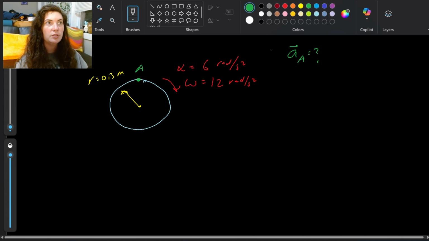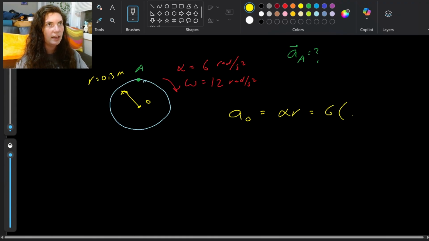What we can do is find what this overall acceleration of the disk is first, and then we can use those relative motion equations that we had been working with in the last video to find what it is specifically at point A. Right here in the center, if I call that point O, I can find that acceleration of O by just doing alpha times r.